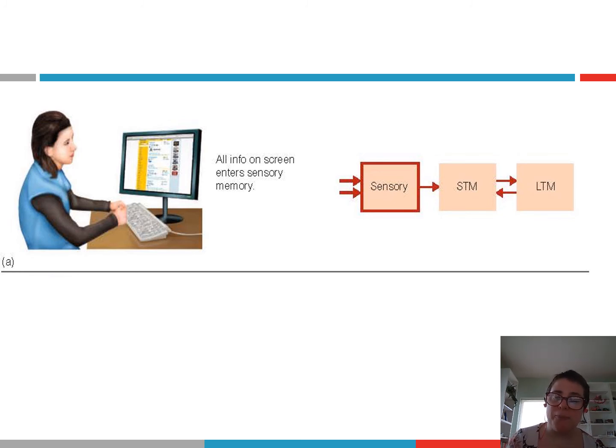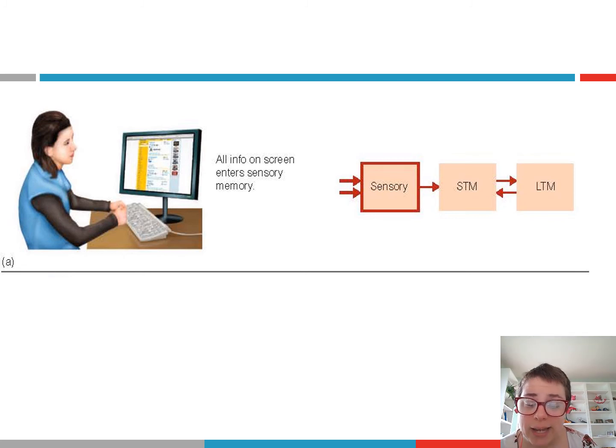And I should bring up at this point that we can actually distinguish between 3 different types of sensory memory. So whenever we talk about visual information, that's iconic sensory memory. And then when we talk about auditory information, that's echoic sensory memory.